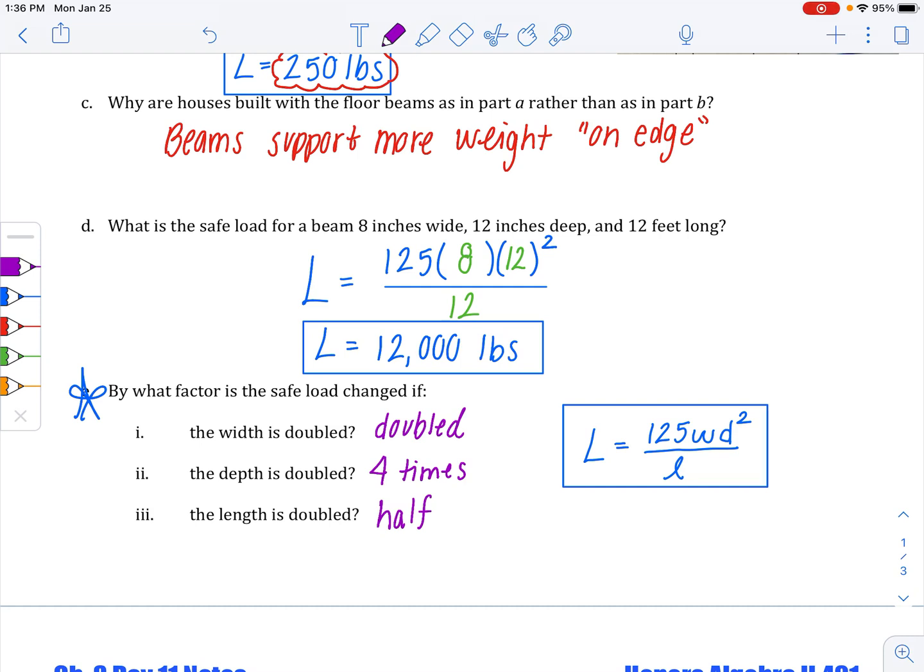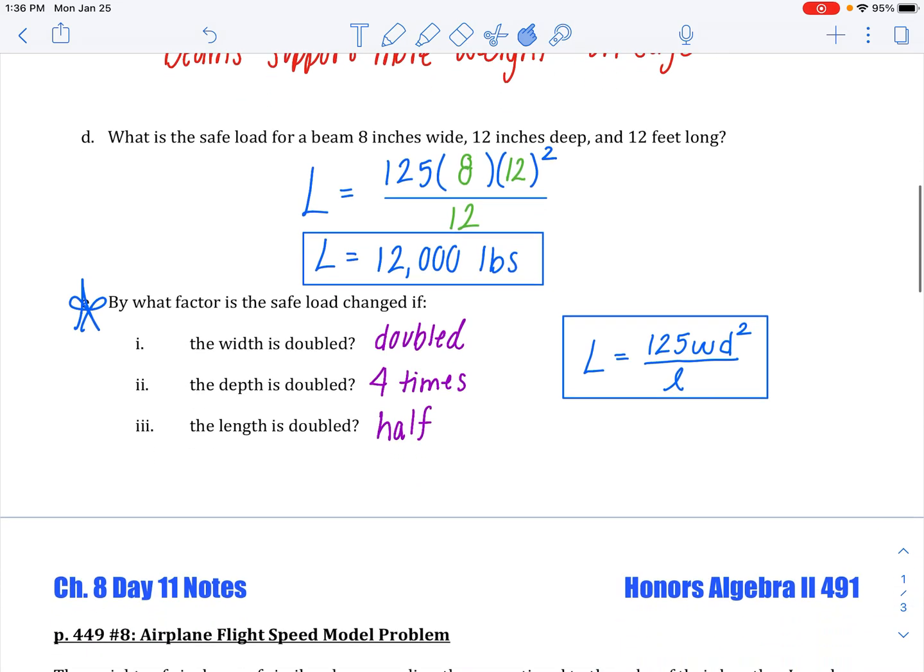Please just look at your equation and maybe even try plugging in a value if you want to really see what happens to the right and left side. You have to look at the placement. Is it in the numerator or denominator? And is there any power associated with that variable? This is one example, my dears, where they all relate to the same equation. One big equation, same constant.